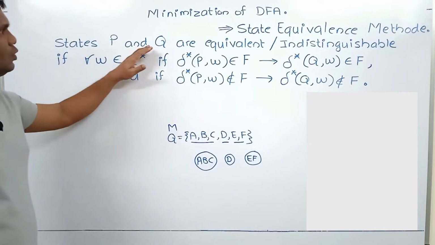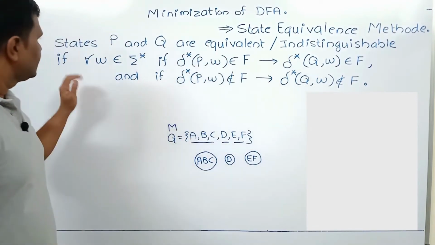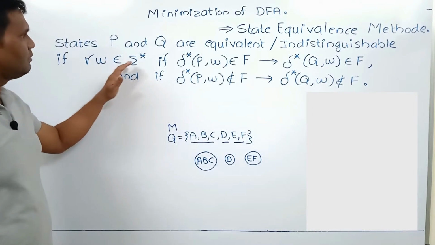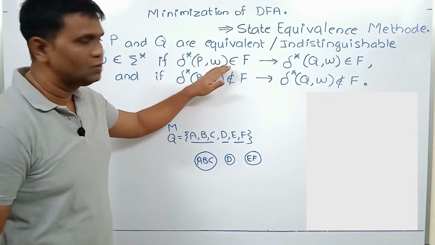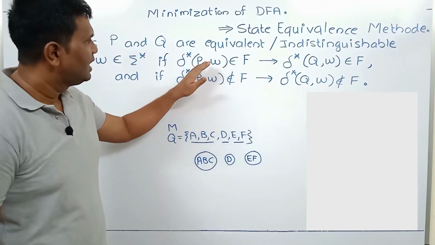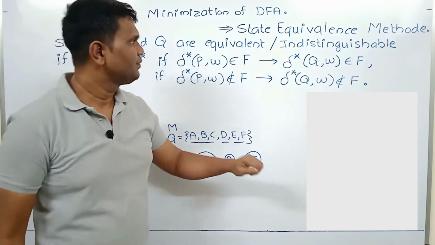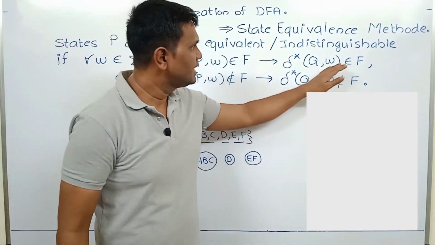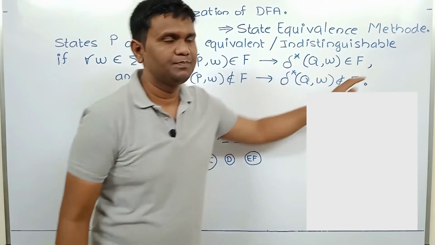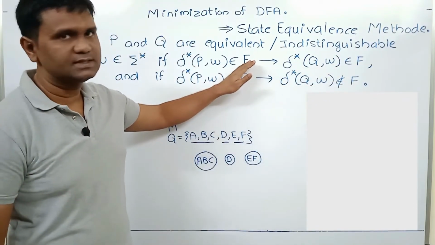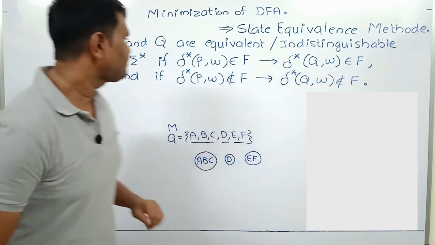States P and Q are equivalent, or indistinguishable, if for any string W from sigma star, if we process string W starting from P and it reaches a final state, then if we process the same string W from Q, it will reach some final state. It may not reach the same final state, but it will reach some final state.